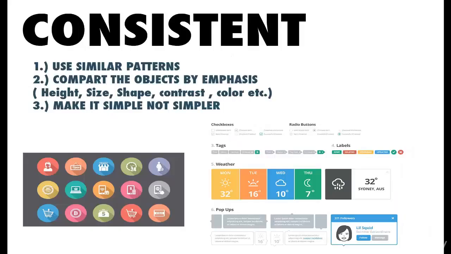Now, lastly, we have to be consistent. The principle of past experience states that elements that were grouped together in the past will be seen the same way in the future. This explains the value of consistency in design. So as you can see, there are different designs that we can make from different kinds of designs here.